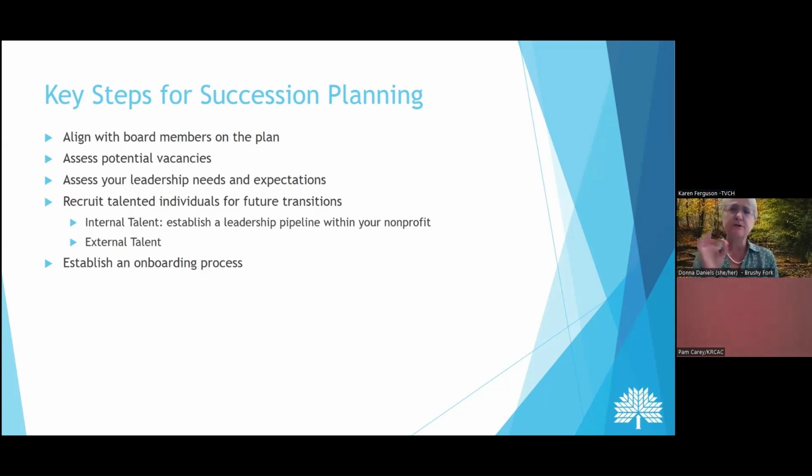And if you have a planned departure of an executive level staff position, you would want to make part of that strategic planning process how you are going to approach that if it is coming a year down the road, or 2 years down the road.